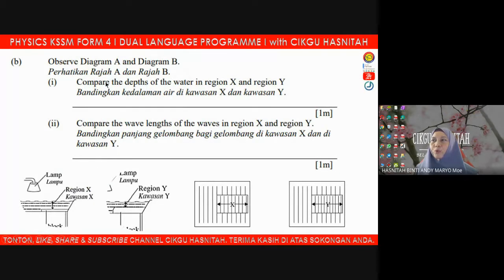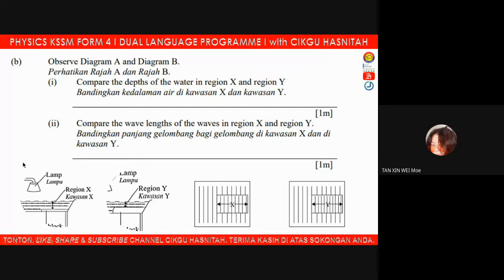Compare the depth of water in region X and region Y. So this is region X, this is region Y from the side view, and from the top view, this is region X, this is region Y. What can you say about the depth of the water in region X and Y? You can see from the first diagram, which one is deeper, which one is shallower? X is deeper.